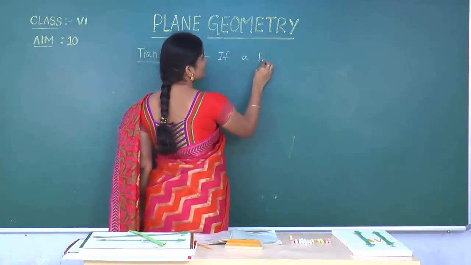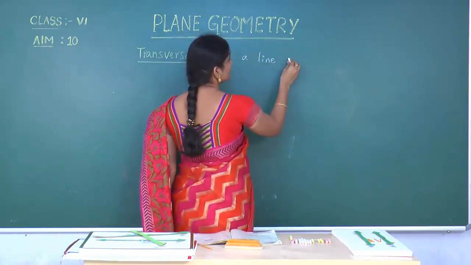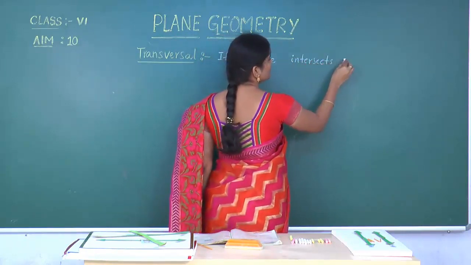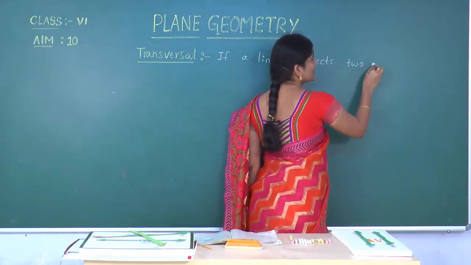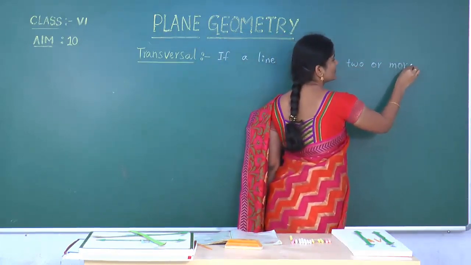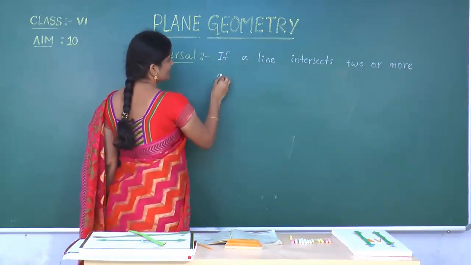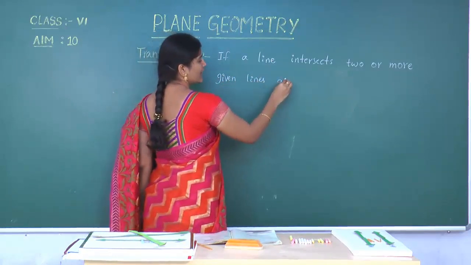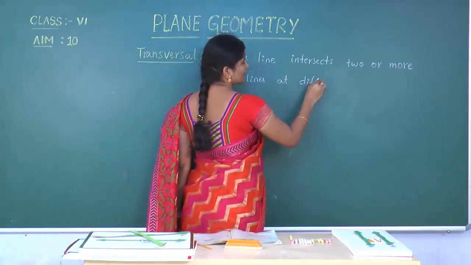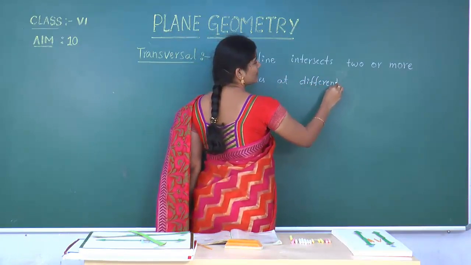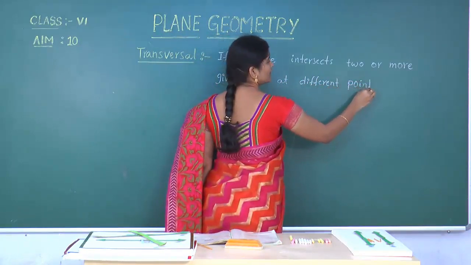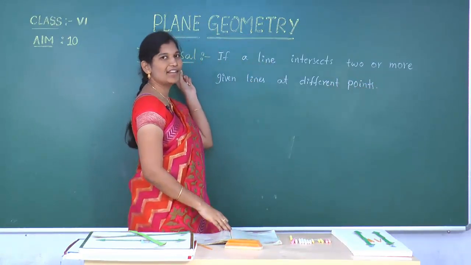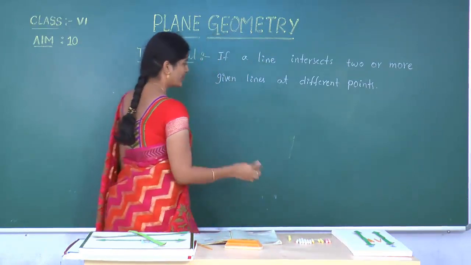If a line intersects two or more given lines at different points, then that line is said to be a transversal. Let me show you diagrammatically now.